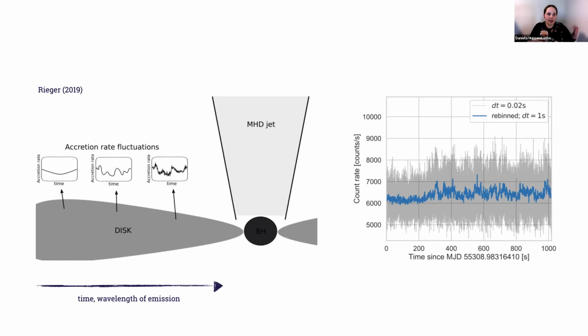And because things in the outer accretion disk emit at lower energy than in the inner accretion disk, you end up with this positive time lag, where you see the light first from the cooler outer disk, and then the other light later from the inner disk.